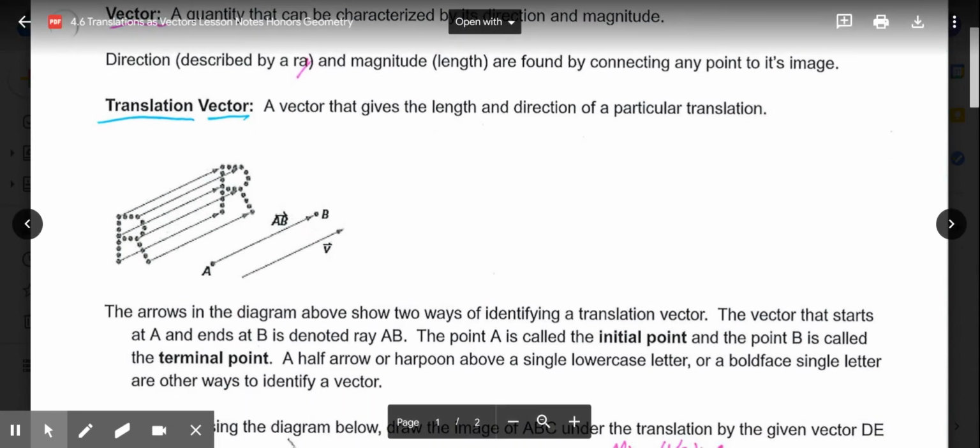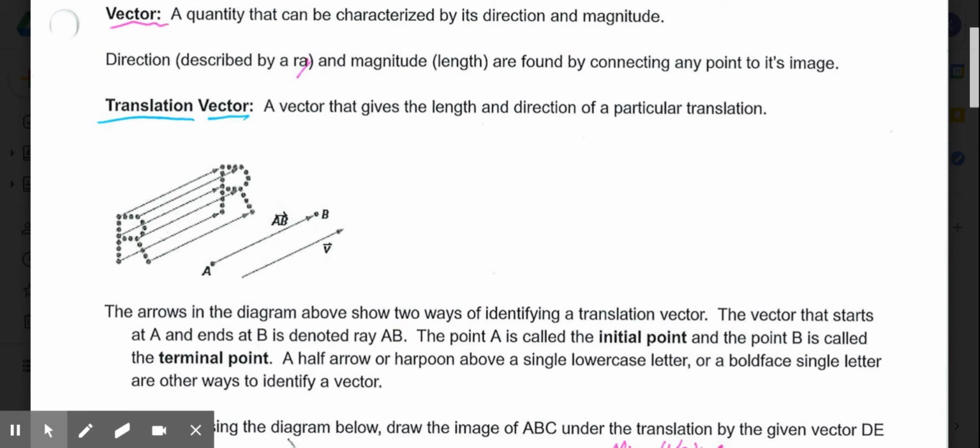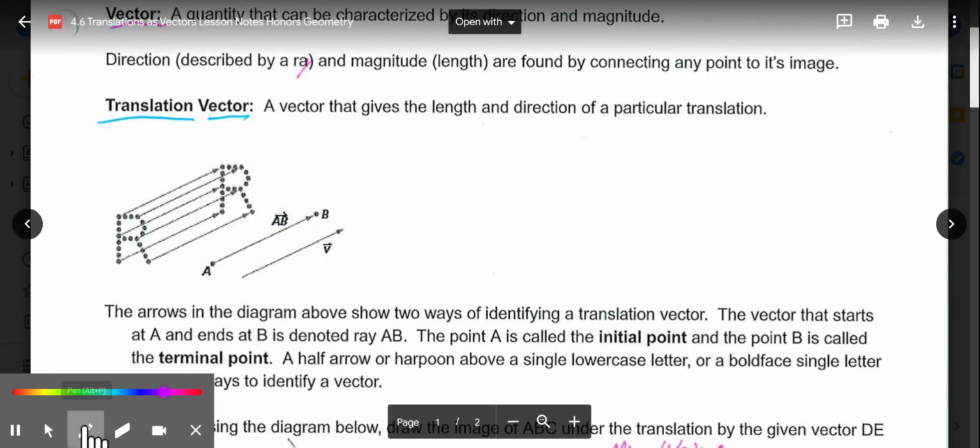So if we're looking at what translated A to B, the translation from A to B could be represented with a vector. And the way that we draw this is, if we're starting at A and ending at B, the arrow would point toward the B. When we're naming a vector, it looks like the ray symbol, except there's only a single arrow on top.